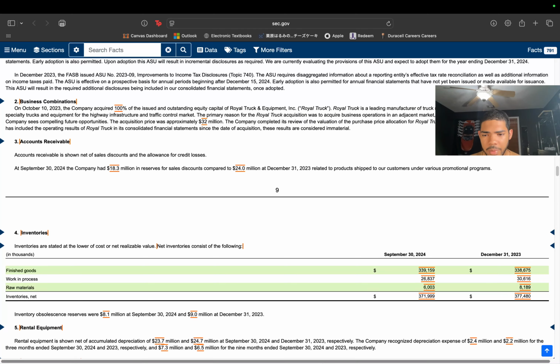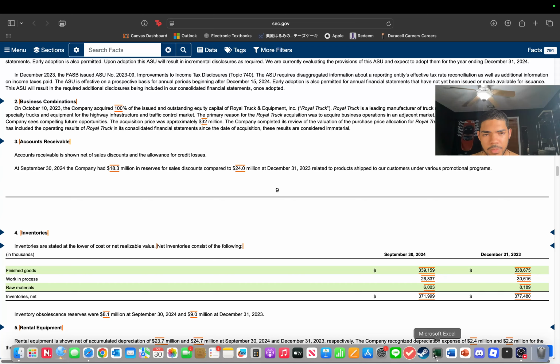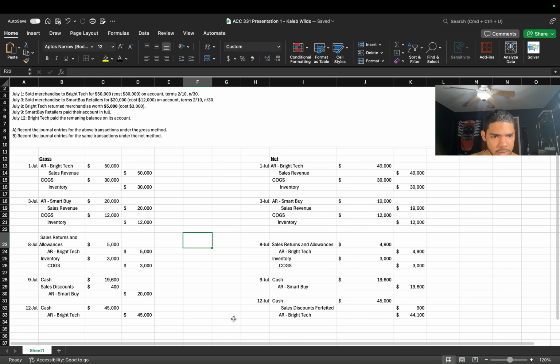So if we go back to our examples here, let's say Bright Tech paid on time, within the 10-day discount period.